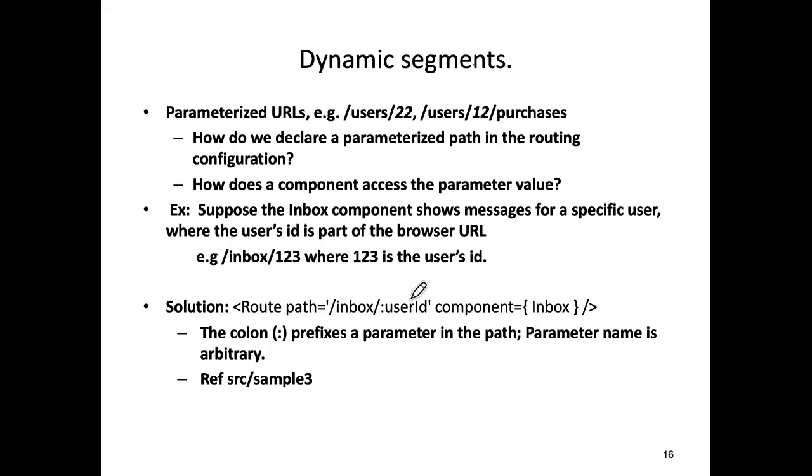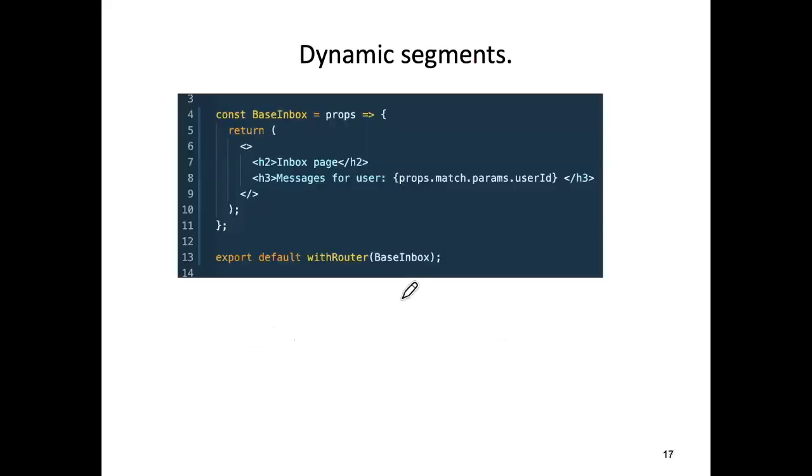And then the next thing is how does our component that's mounted access this particular value? There's a couple of steps involved in this. Strictly speaking, it's going to be passed in as a prop. The prop is a special prop that is created and injected into our component by the React Router library. The prop is called a match prop.